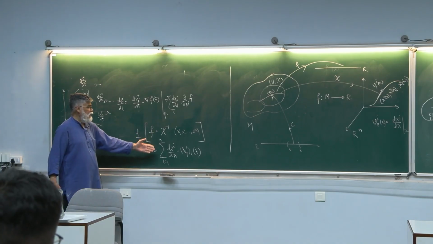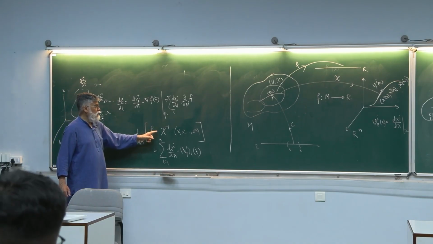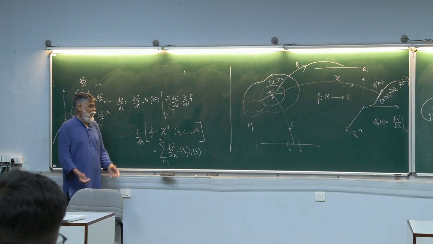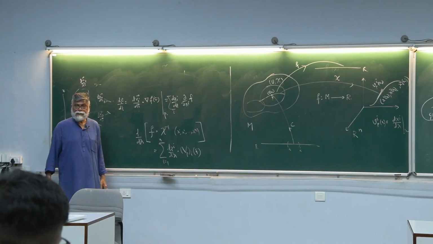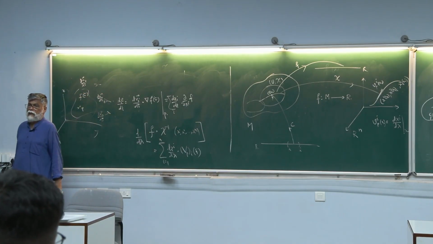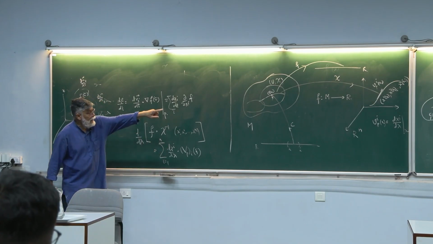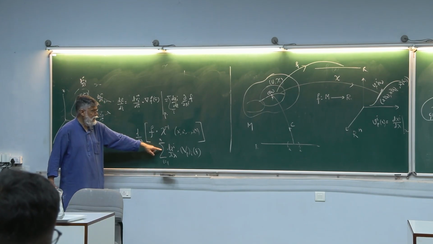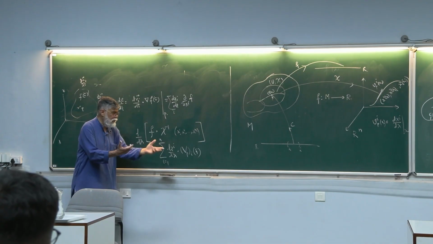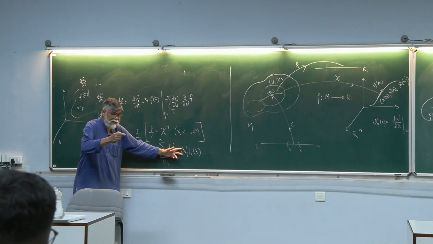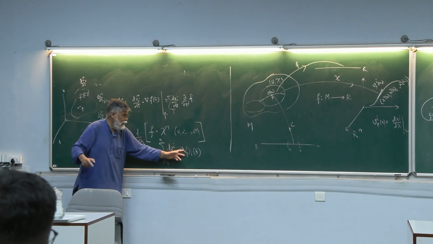Because why I can do that? Because f composition chi inverse is a function of x1, x2, xn, and it is a real number. This is a real number. This is the tangent vector in the Rn space. Vpi, I do not know what Vpi is. Vpi is something which has n indices I that acts on f.